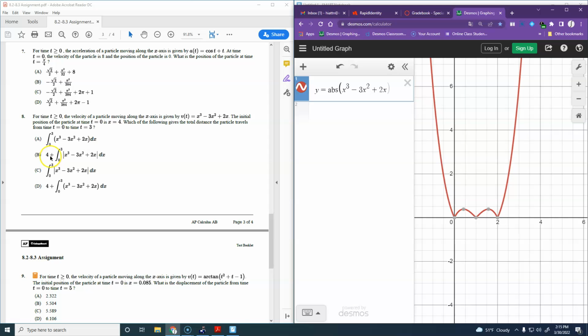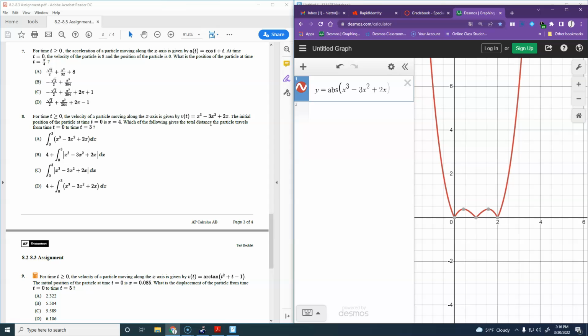Okay, and whether or not to add the 4: this one is wanting to know the distance from one time to another time. So in general, if you see an interval from this time to this time, it probably only wants you to integrate and not add the initial condition in.